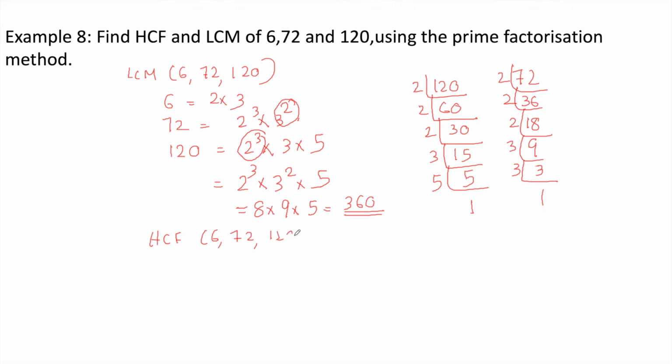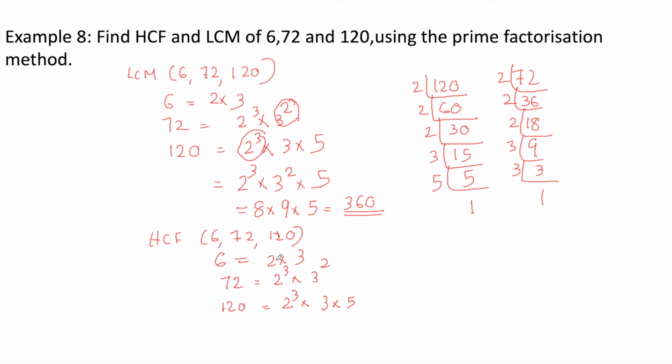Now we can find the HCF of 672 and 120. The prime factors are 2 and 3. 72 is 2 cube into 3 square, and 120 is 2 cube into 3 into 5. Let us consider the smallest power for the common factors.